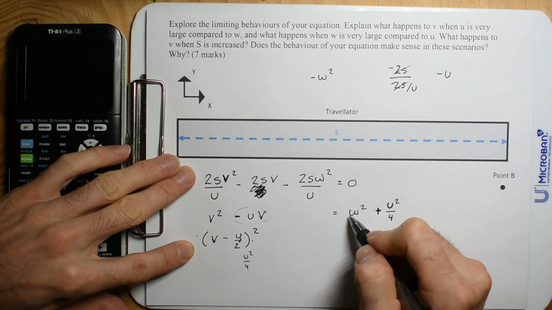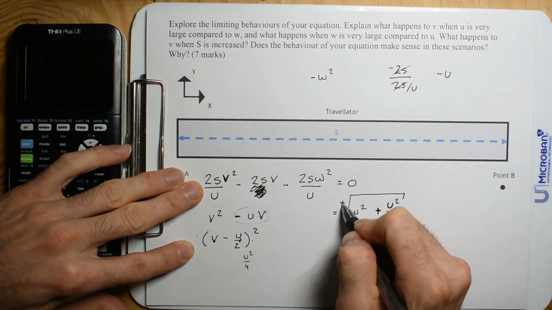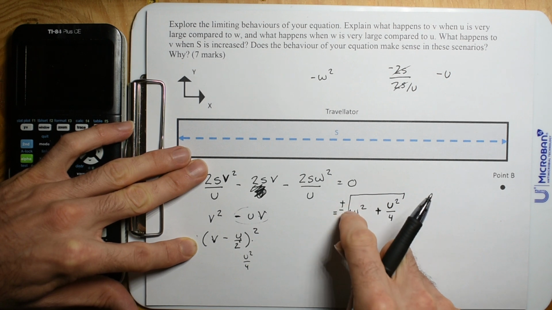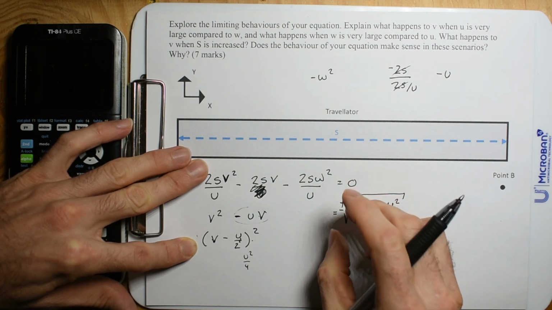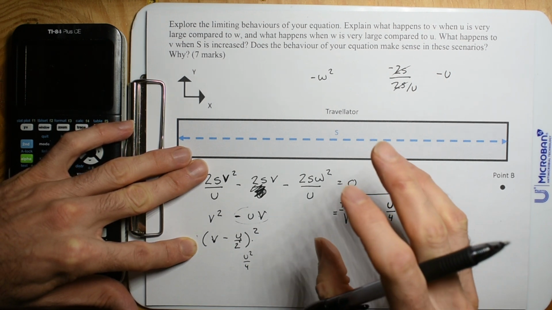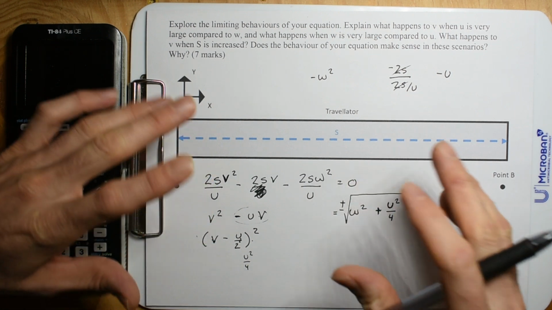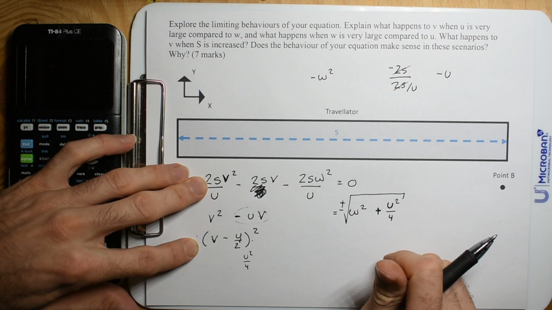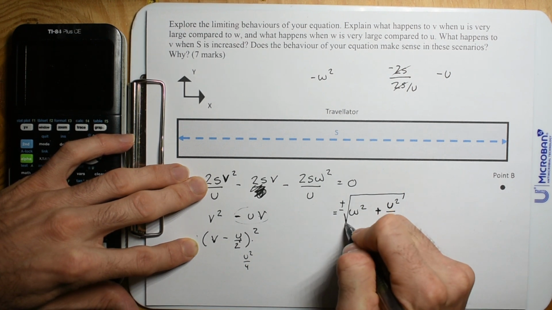Okay, now I'm going to take the square root of both sides. Make sure to get the positive and negative square root. That just indicates that you understand that there are two solutions when you do a square root. One's positive, one's negative. Both can be tangible, but in this case, probably only one is a real solution.